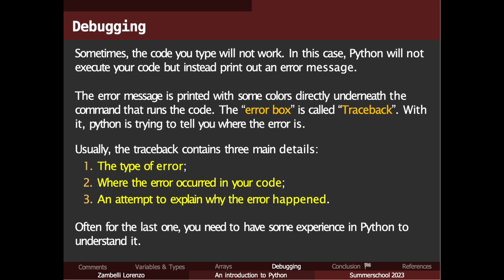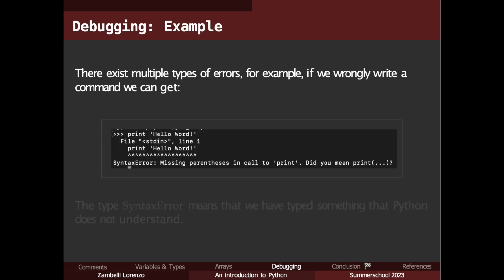Often for the last point, you need to have a little bit of practice, because tracebacks are usually quite compact, so the information is given in a compact way. So it's just a matter of searching on the internet for the error that you get to figure it out at the start. Okay, an example.